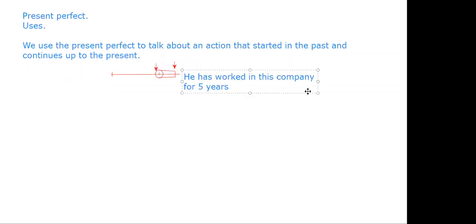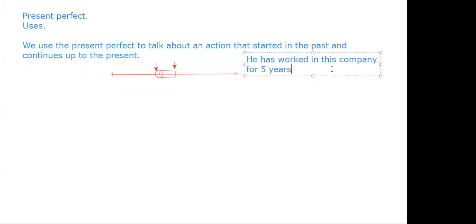He has worked at this company for 5 years. Which means he started working there 5 years ago and he continues working there today.